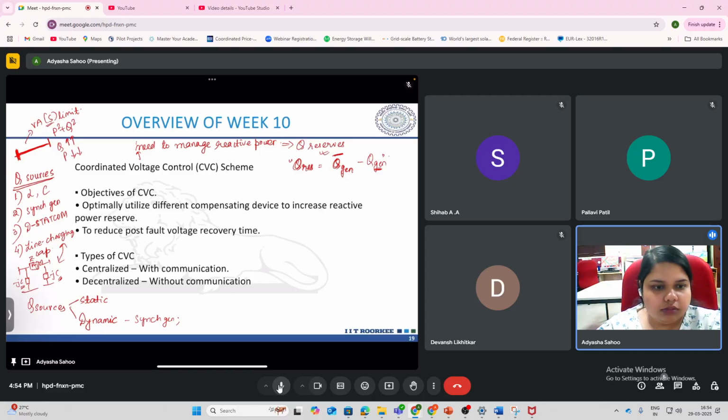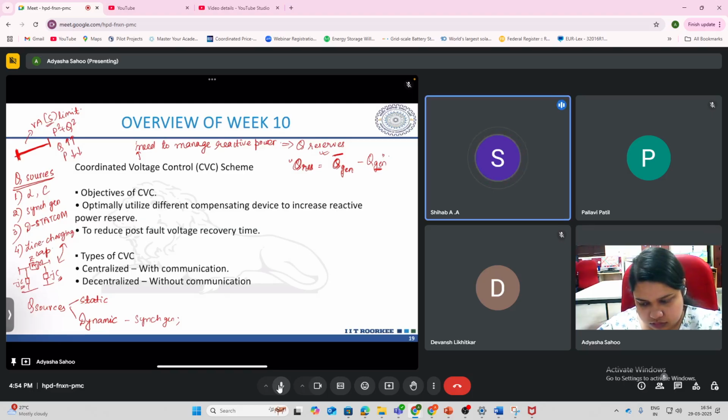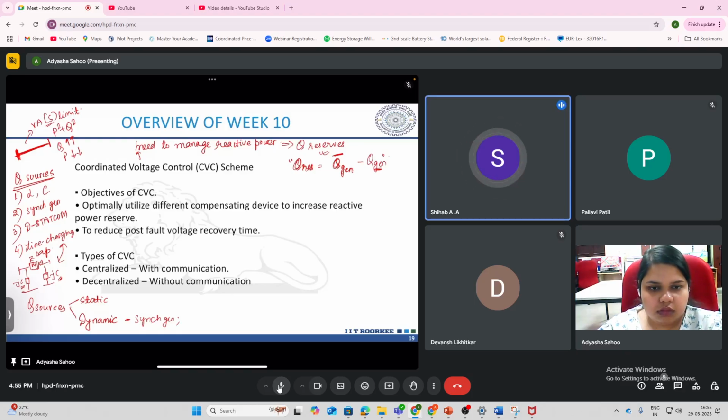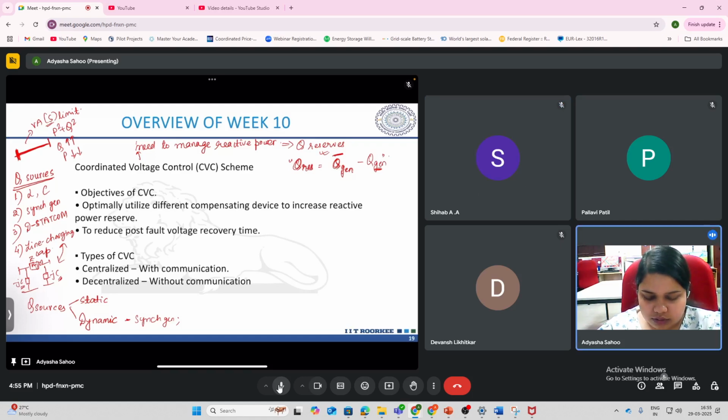What about STATCOM? Okay, so how do we label whether a source is static or dynamic? Okay, that is one way.